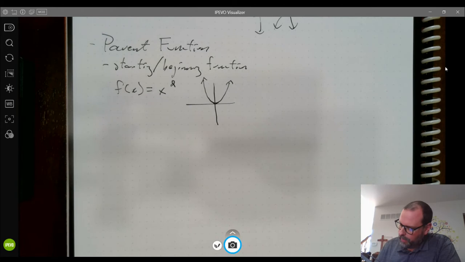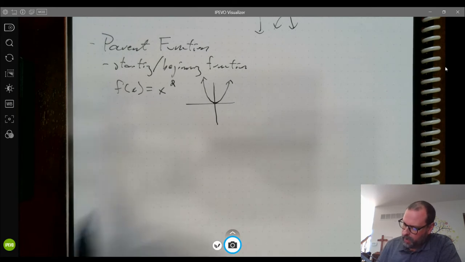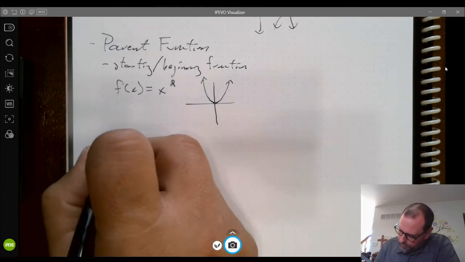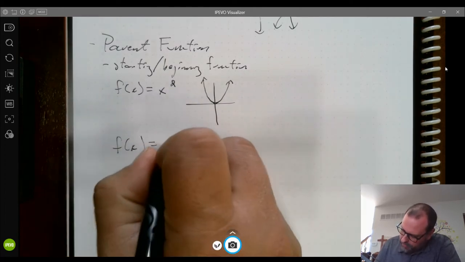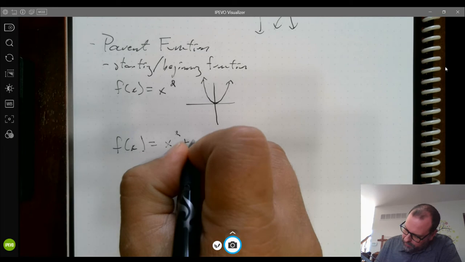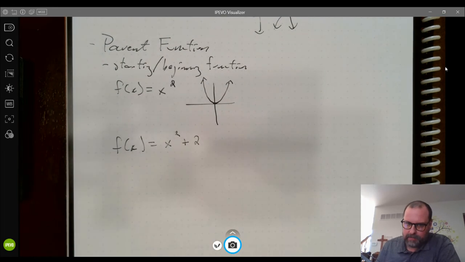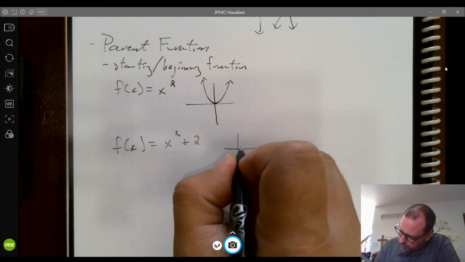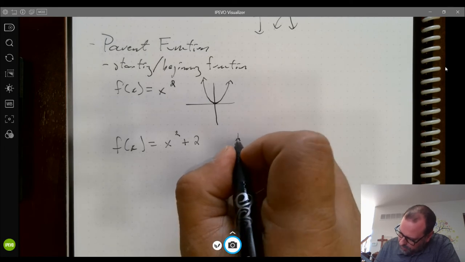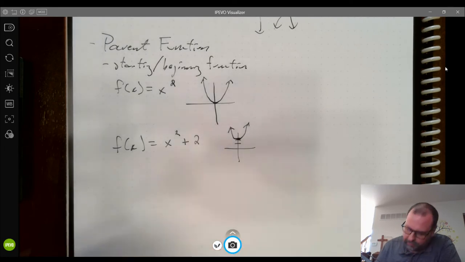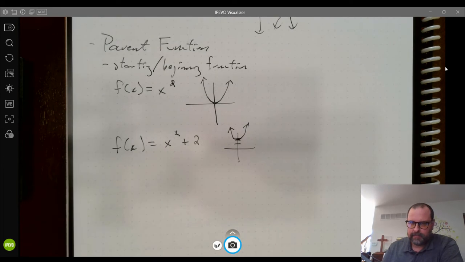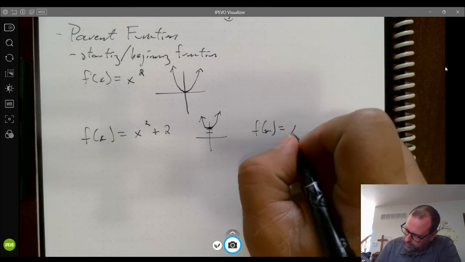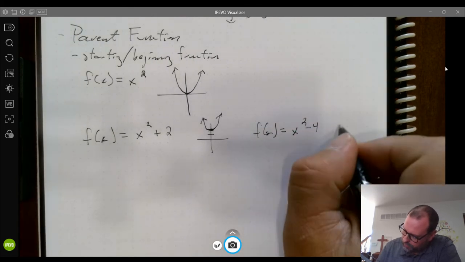So if I wanted to move this graph up or down, all we're going to do is add a number after the x squared. So if I had f of x equals x squared plus 2, that means I would take this graph and move it up 2 spots. That's it. If I wanted to move it down, guess what you're going to put in? A negative. x squared minus 4.